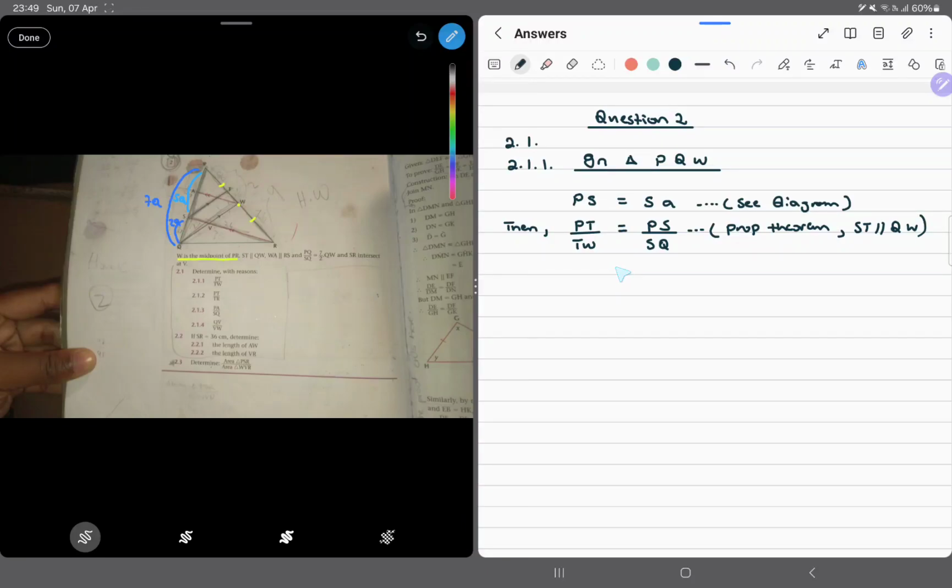This is nice, guys. And then now we can say this implies that PT over TW is equal to PS, which is 5A, over, here you can say SQ, which is 2A. Right. Then the A's cancel.